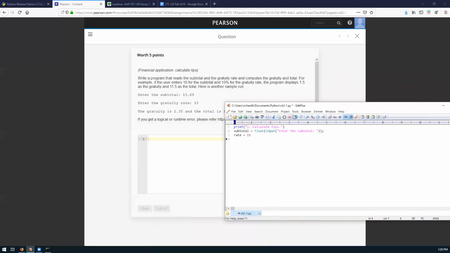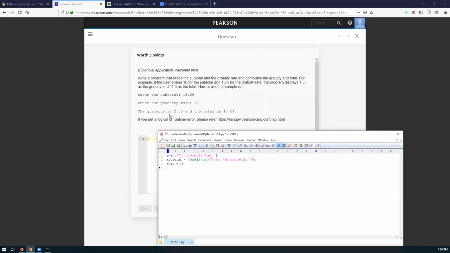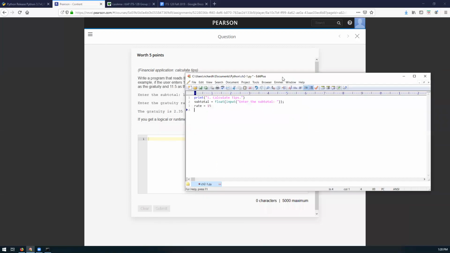And then I'm going to do a computation here. I'm going to compute a gratuity amount. That's the tip, I'm just going to call it tip.